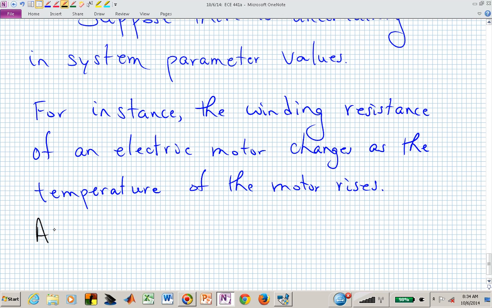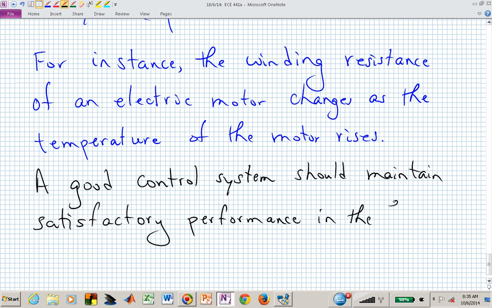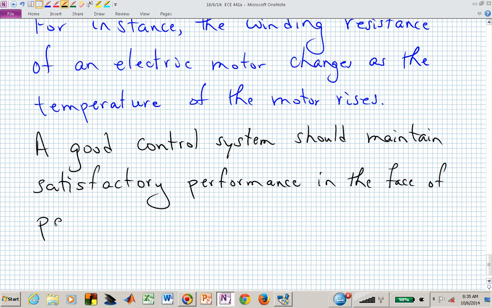A good control system should maintain satisfactory performance in the face of parameter uncertainties.